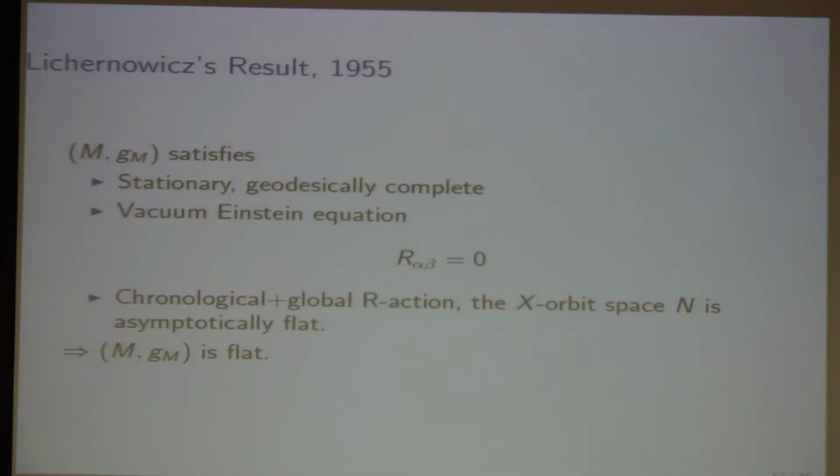Then this implies the space-time is flat. So here, besides the two conditions, chronological and global action, he assumed the orbit space is asymptotically flat.